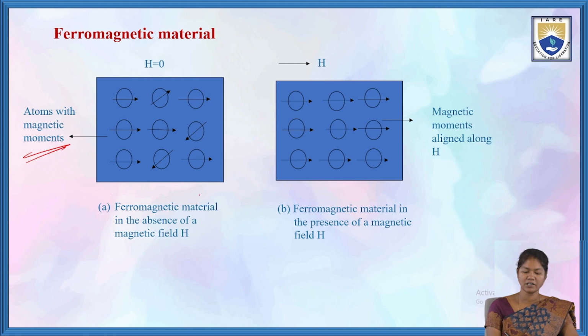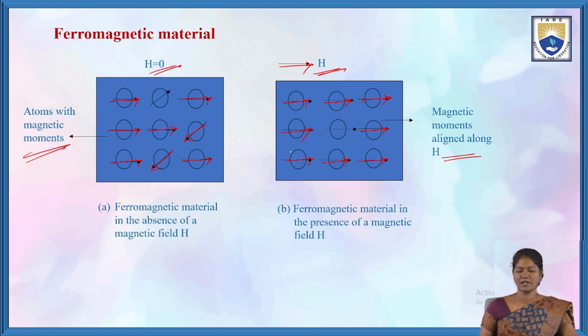You can see here, up to some extent the magnetic moments are aligned in the absence of a magnetic field. When there is some magnetic field H, the magnetic moments immediately align along the field direction, so all the magnetic moments are aligned in the field direction.